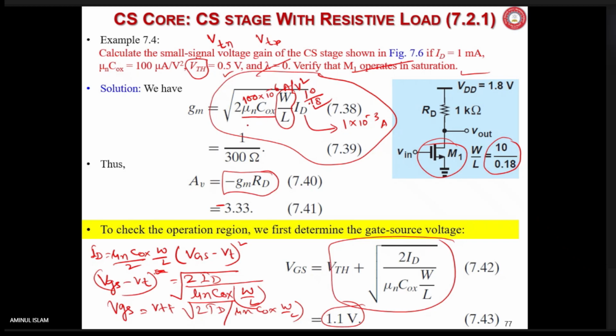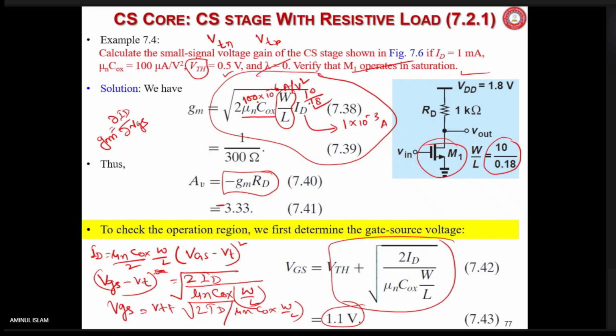We have discussed it, I think you have forgotten. We differentiate the equation, GM is nothing but delta ID by delta VGS, and then manipulate it and you get this form. GM can be written in different forms, and this is one form in which you can write the value of GM.